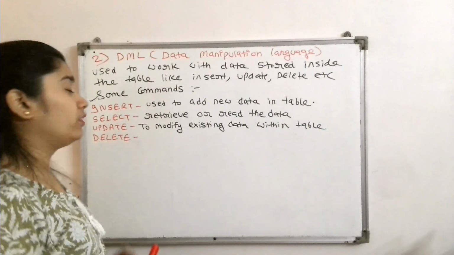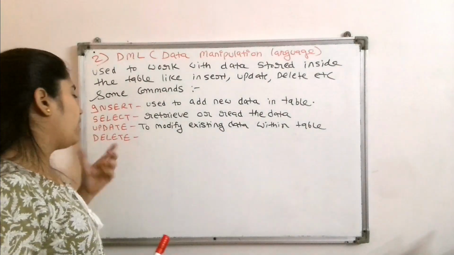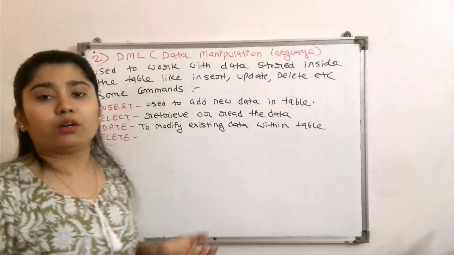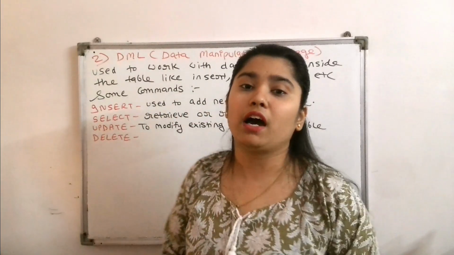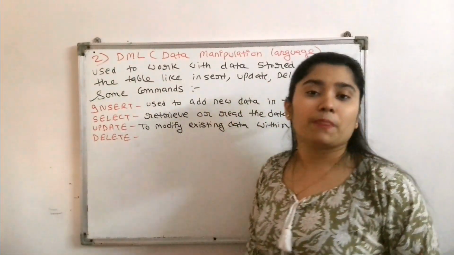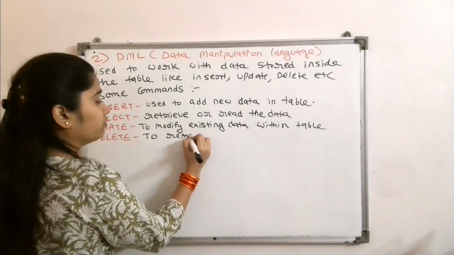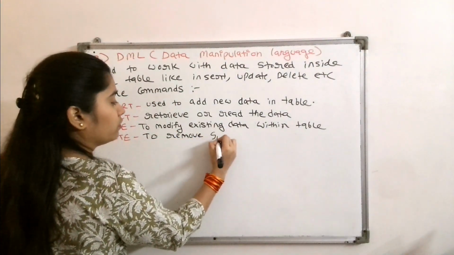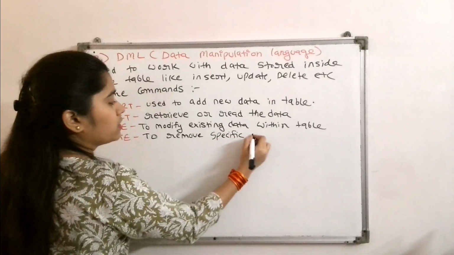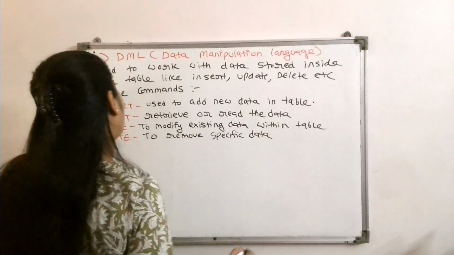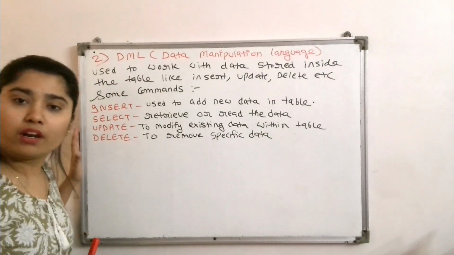Then the last command we have is delete. The delete command is used if we want to remove any specific data from the table. I hope you are clear with all four commands.